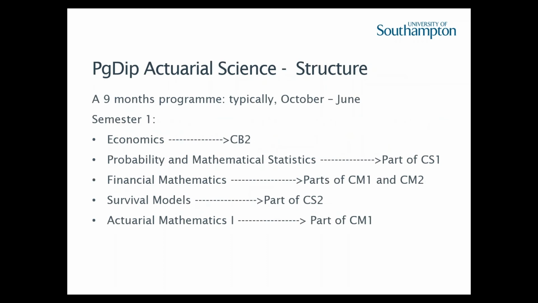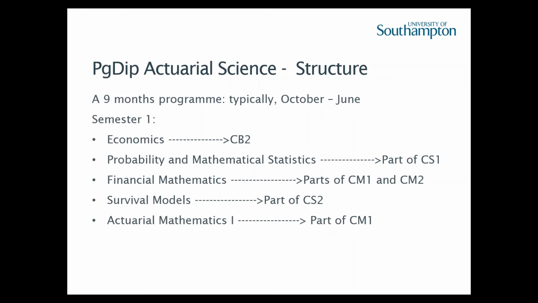Okay, so the first part of the program corresponds to the postgraduate diploma in actuarial science, or PG Dip Actuarial Science. The first part is normally studied over 9 months full time and typically in 2 semesters. In the first semester, you can choose these 5 modules where each module maps to a professional subject.